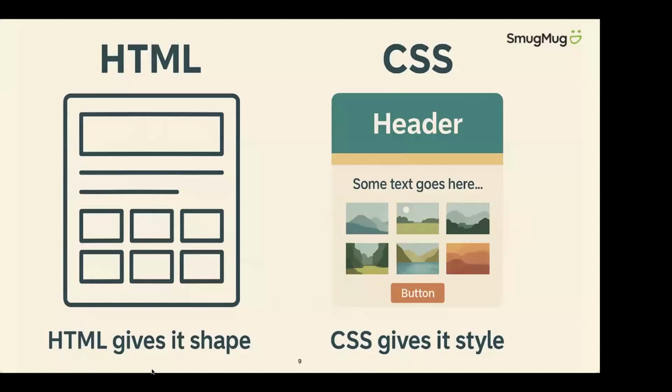The words, the links, and the placement all live in the HTML. CSS is all about style and presentation. CSS controls colors, fonts, spacing, animation, and the overall visual appeal. CSS takes the structure from HTML and makes it look professional and on brand.